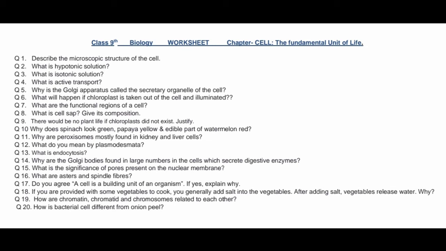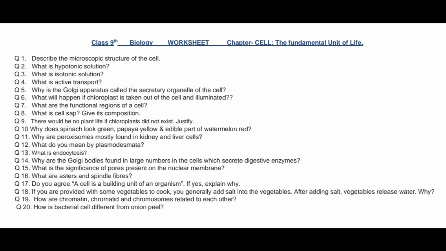Okay. Next, why does spinach look green, papaya yellow, and the edible part of watermelon red? We can say it is all due to different pigments present in them.